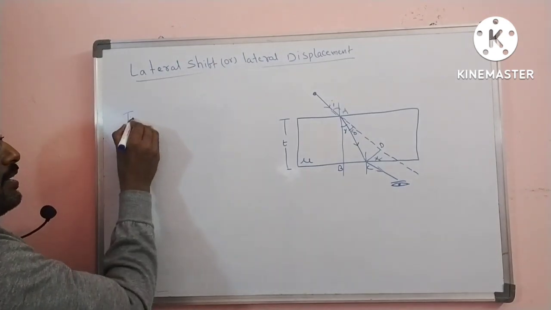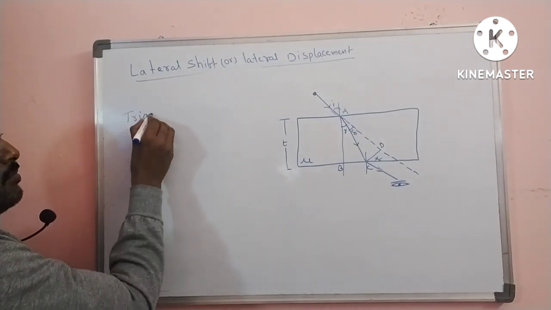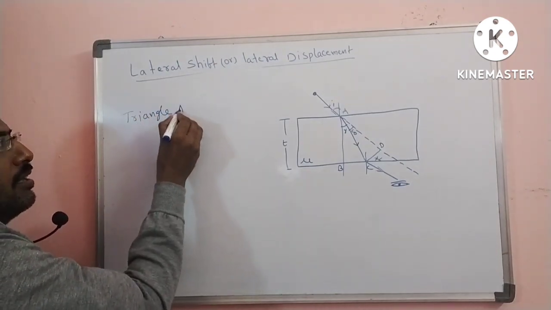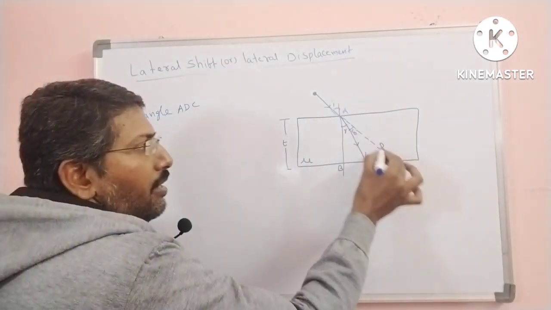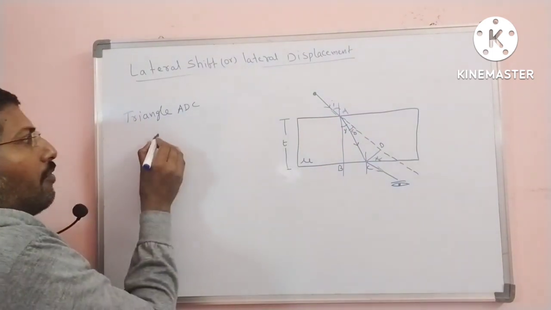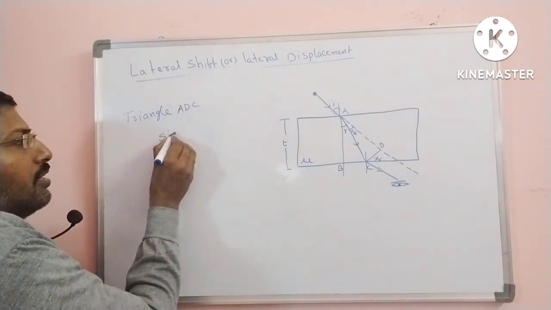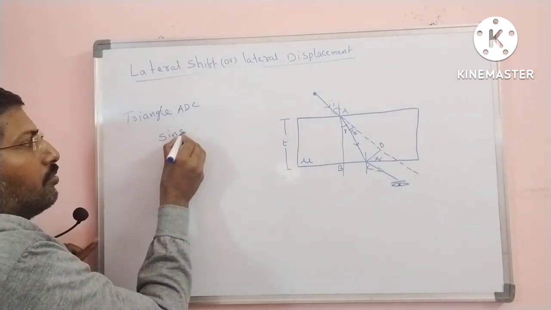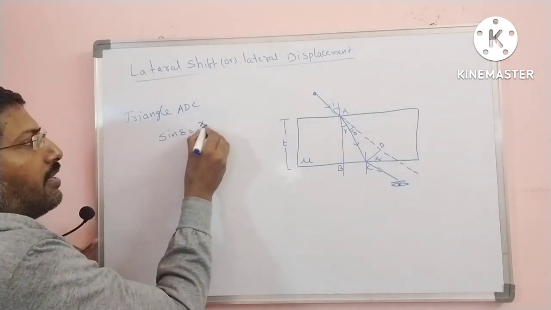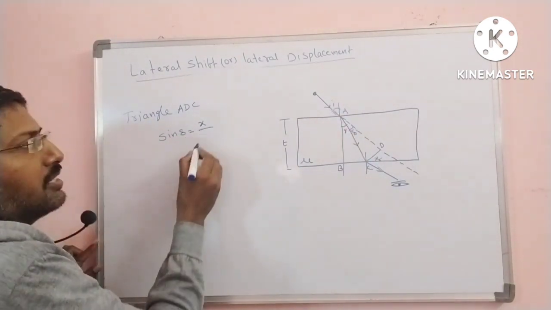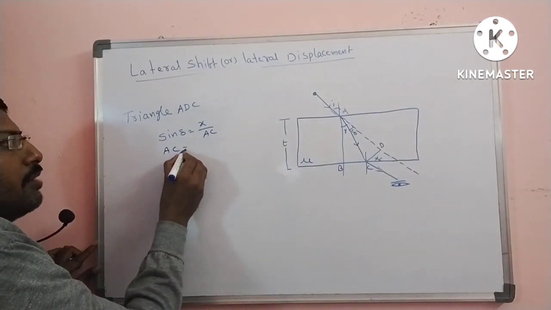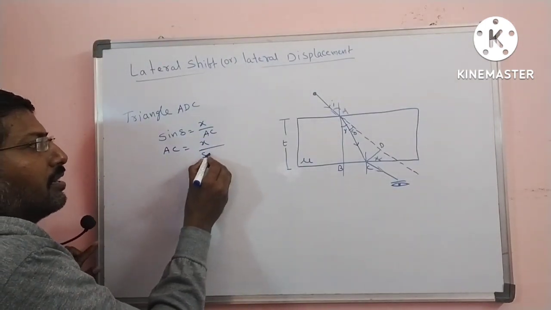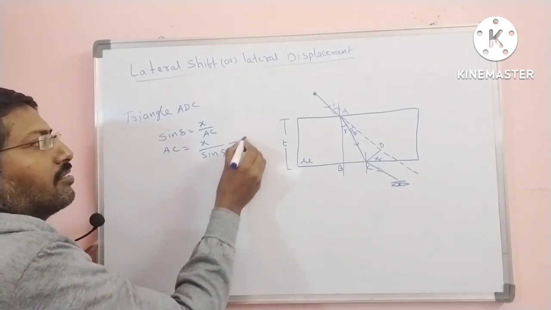So from triangle ADC, if I apply the sine function, sine delta equals opposite side x over hypotenuse AC.